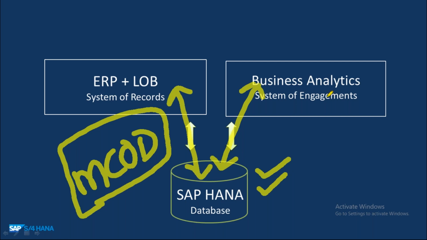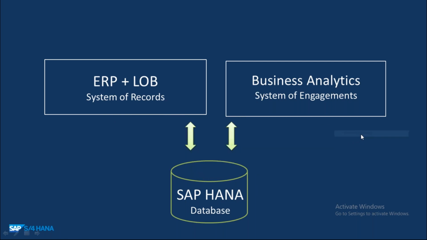So this is the technical benefit, and from the business standpoint, we will learn about the various business benefits that we can derive out of the HANA. We have various use cases and examples that we will discuss in our upcoming session.